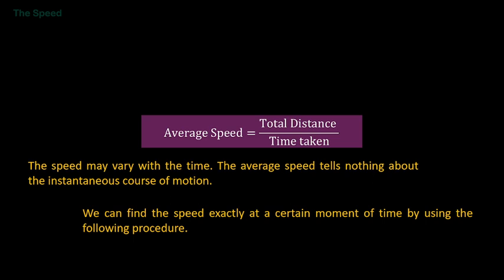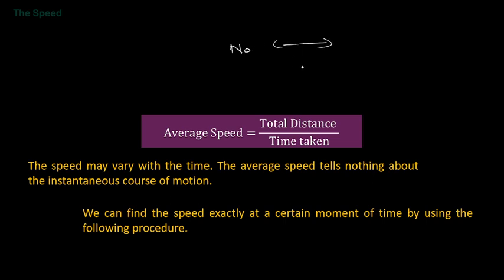So how to find the velocity or the speed of a body at a particular moment, that we are going to discuss now. There is one confusion regarding the speed at a particular moment. At a particular moment, the body is stationary. When a body goes from one place to another, time passes.